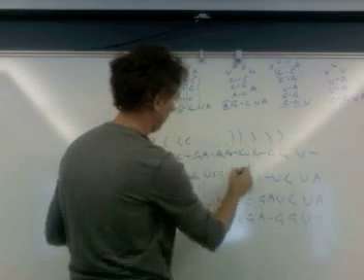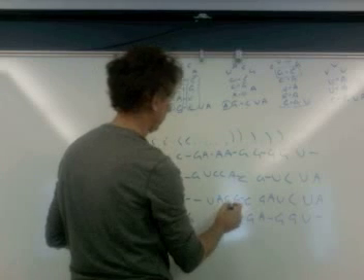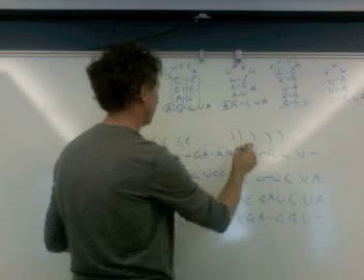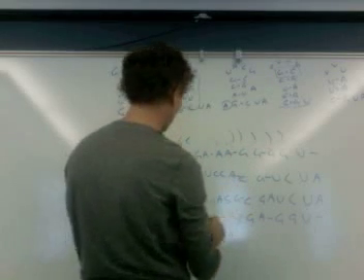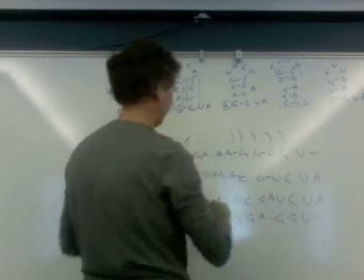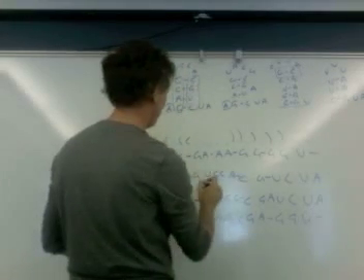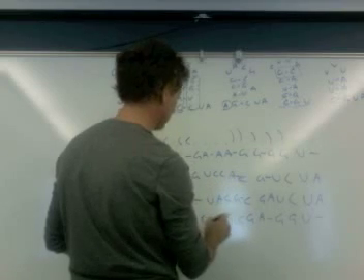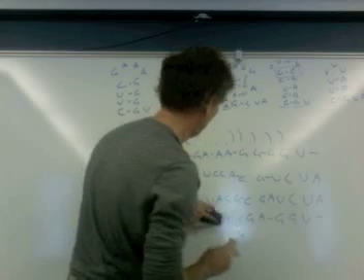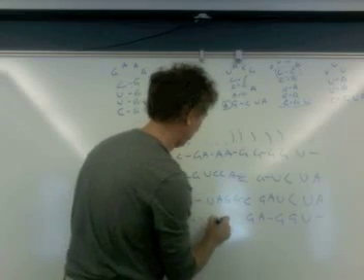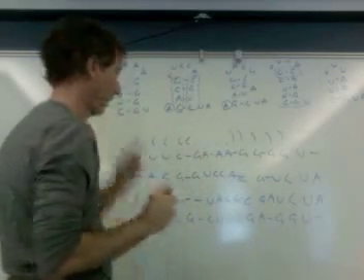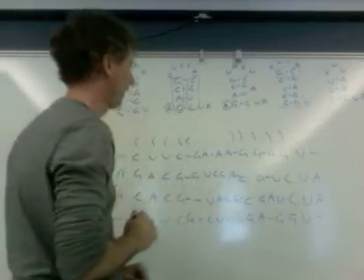C, U, U, G, A, C. This is where it would be nice to have these on a piece of graph paper. I would probably align those with the U, A, C, G, C, U, U, G, like so. So that the purines at the end are aligned, and then you've got pyrimidines in front of that.